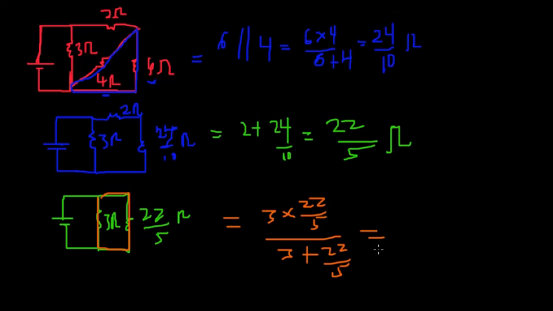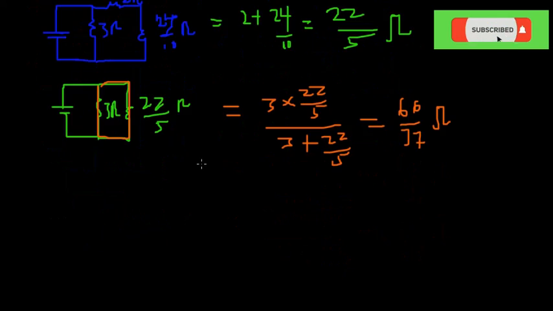And this will give us, okay, so we have what? 66 on 37 ohms, right? So from here you will just realize that we've made this approach as simple as possible so that you get to understand, okay?